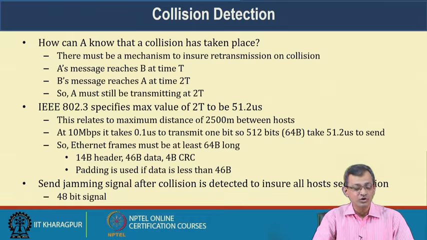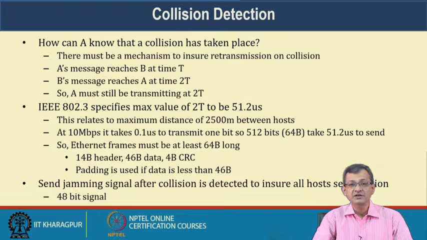So, 802.3 specifies the max value of 2t to be 51.2 microseconds. Last class also we have seen this. This relates to a maximum distance of 2500 meters between the hosts, with a 10 Mbps speed.